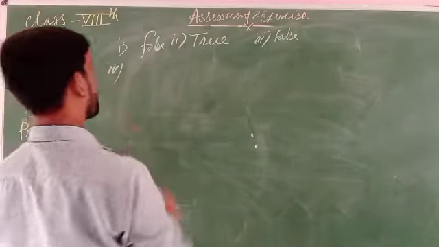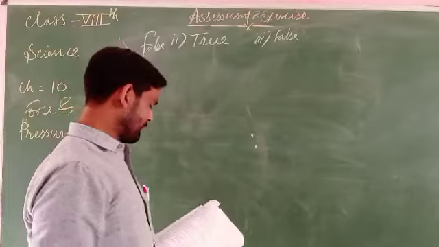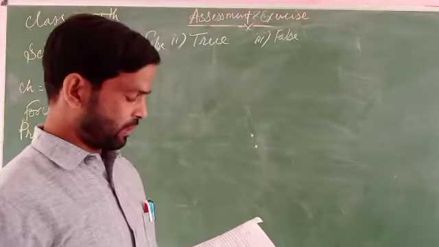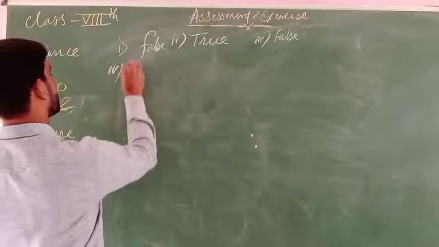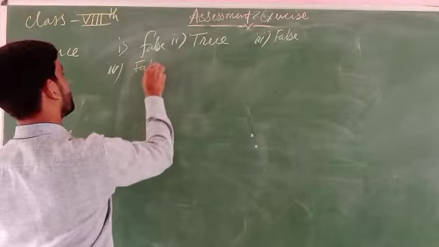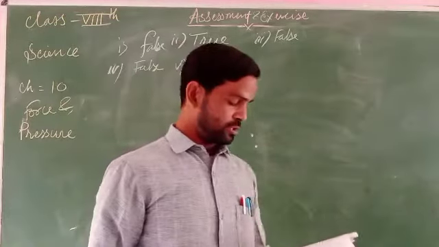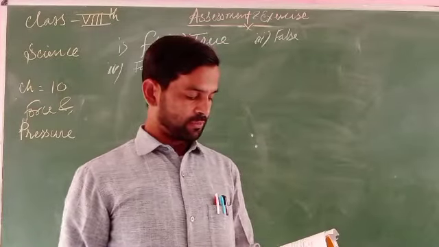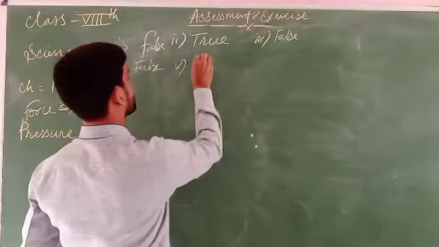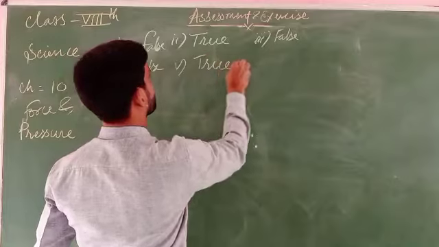Question number 4: gases exert no pressure on the wall of the container they are kept in. False. Fifth: force of friction is due to the roughness of the surfaces in contact. True.